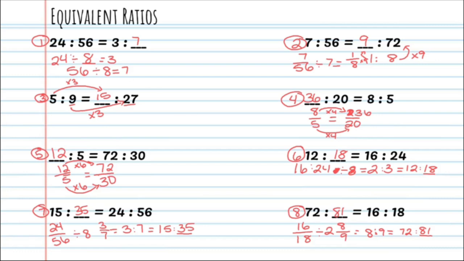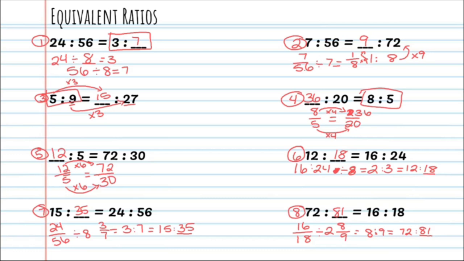Now there's several different ways you can do it. For these first couple ones here, we started with the simplest form of the ratio. This one we did have to simplify down, but this one we started with the simplest form of the ratio. But if you don't have that simplest form when you're starting out, your best bet is going to be to simplify it.